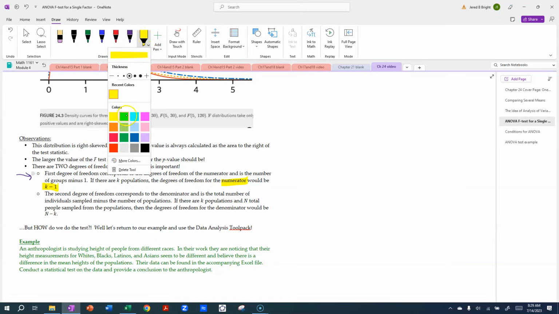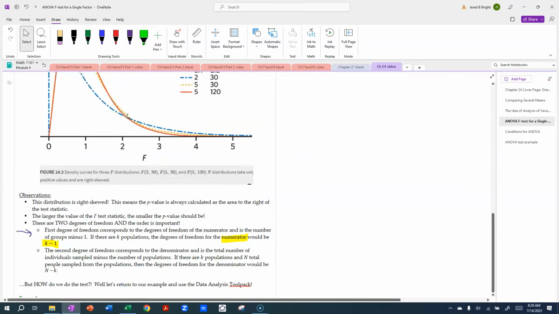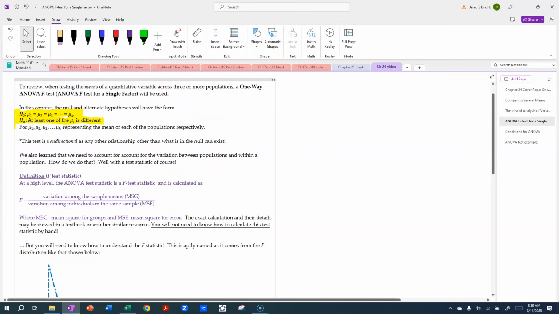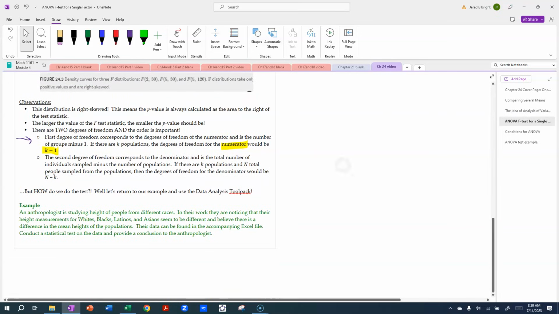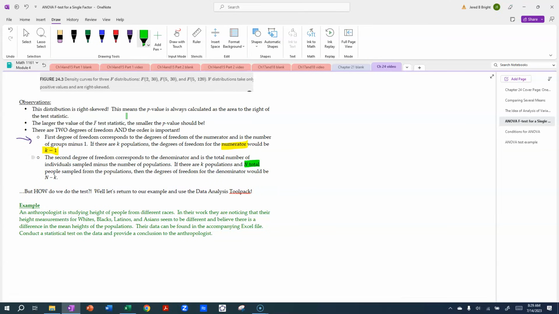The second degree of freedom corresponds to the denominator, which is variation among individuals in the same sample. The way we calculate this is that we determine the total number of people sampled in all, and then subtract the number of groups you have.